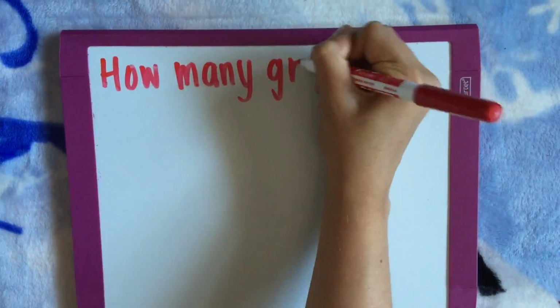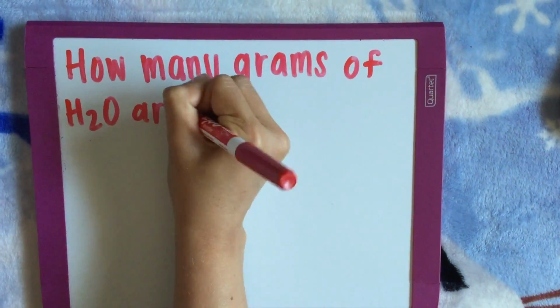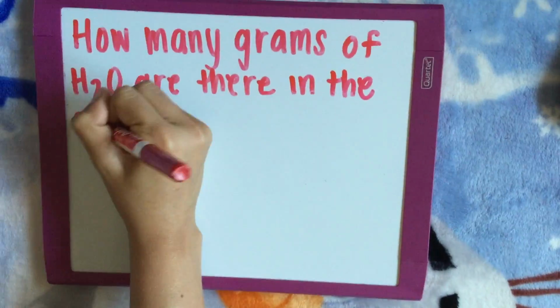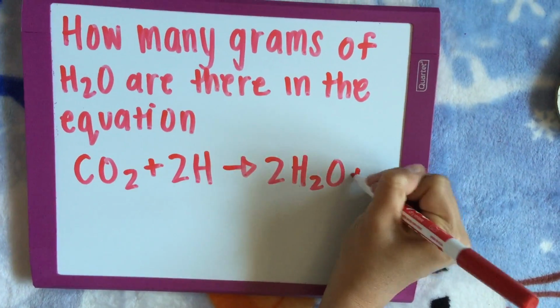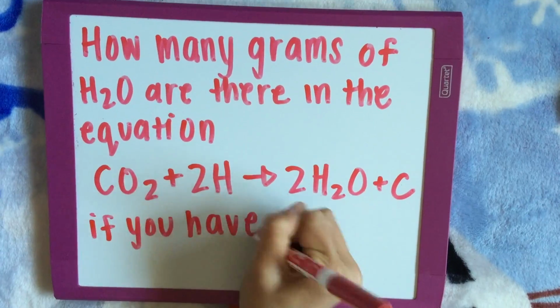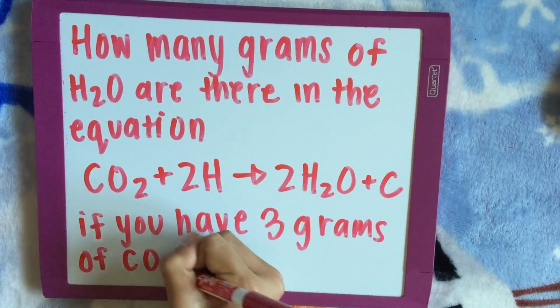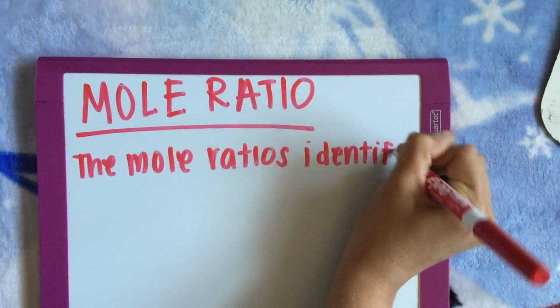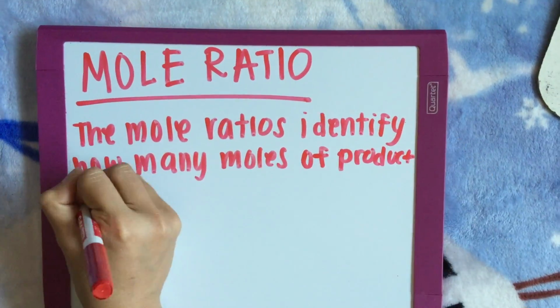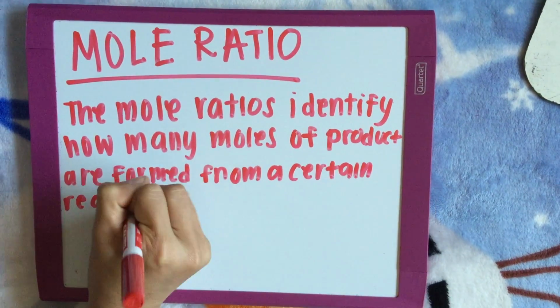Example number 2. How many grams of H2O are there in the equation CO2 plus 2H yields 2H2O plus C if you have 3 grams of CO2? To do this problem, you must use mole ratio. The mole ratios identify how many moles of product are formed from a certain reactant.